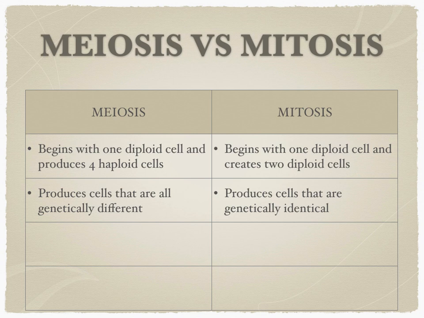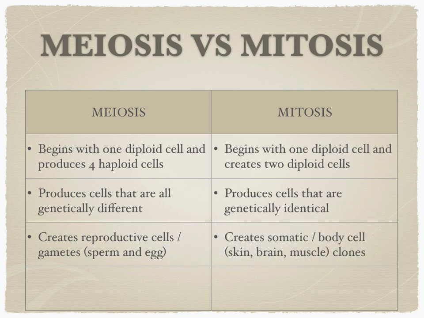But we always have to go back to what types of cells are being created. Meiosis creates reproductive cells, period. Gametes, which would be the sperm cells for males and egg cells for females. Mitosis creates somatic or body cells: skin cells, brain cells, muscle cells, blood cells, and so forth.